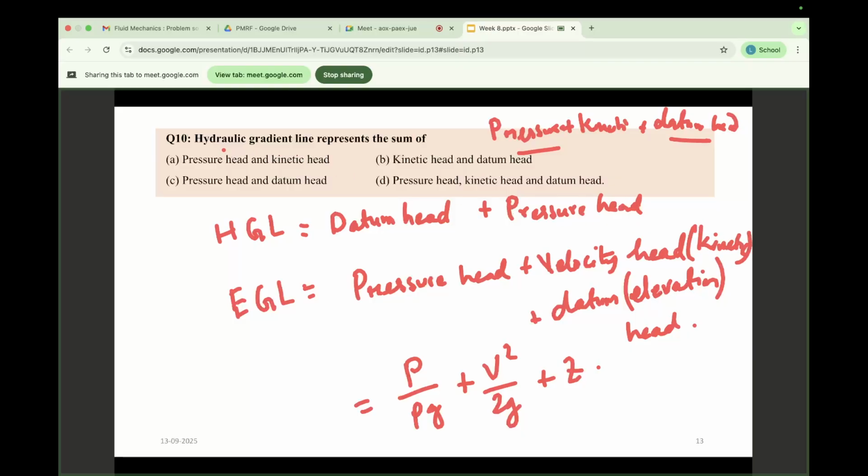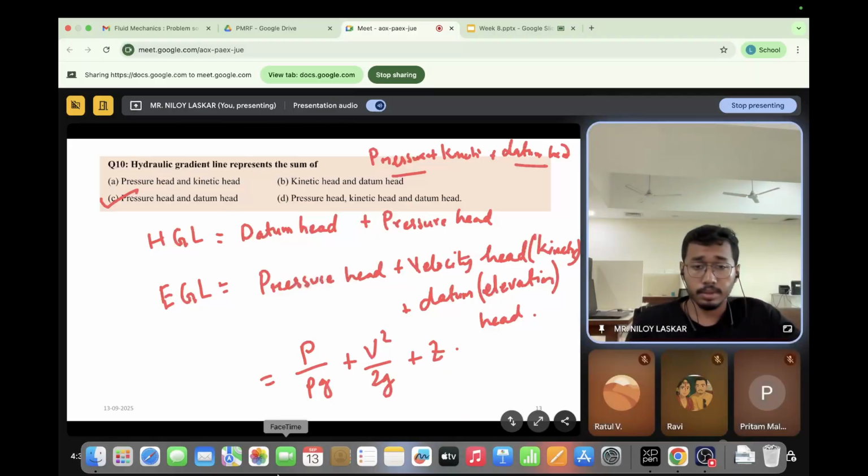In this question, it is asked what the hydraulic gradient line represents the sum of. It is the sum of pressure head and datum head. So option C will be the correct option. This is the answer.